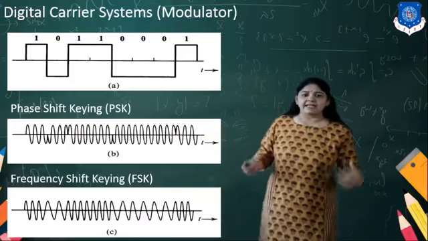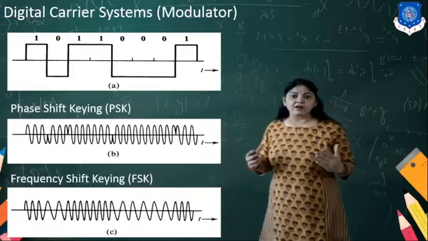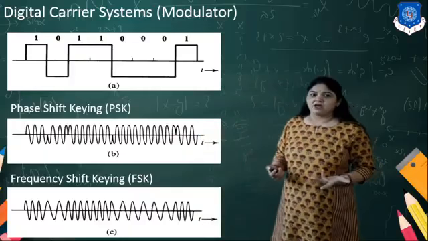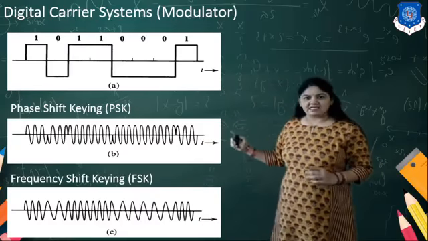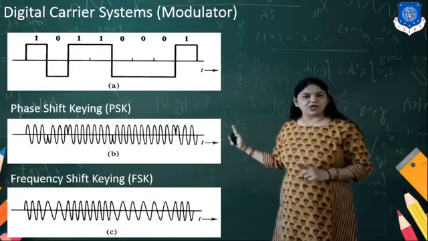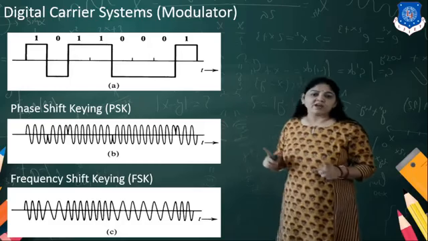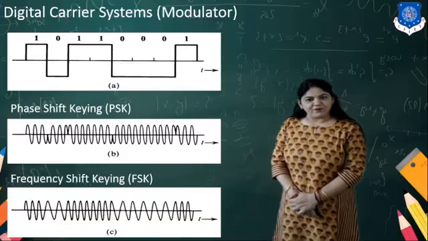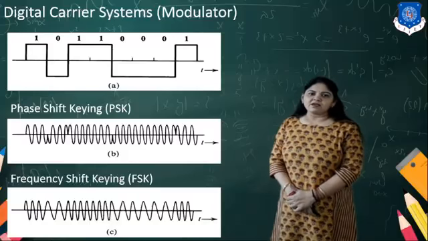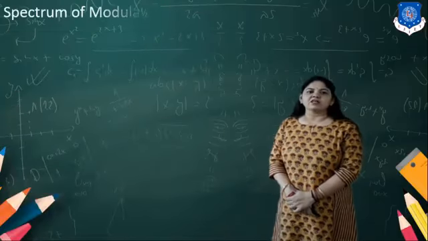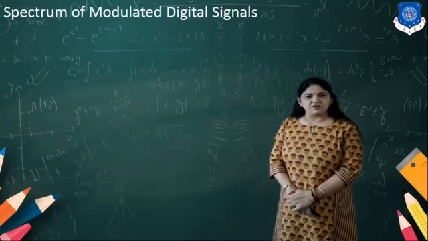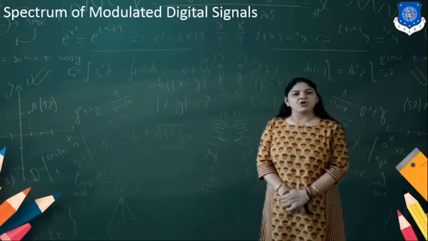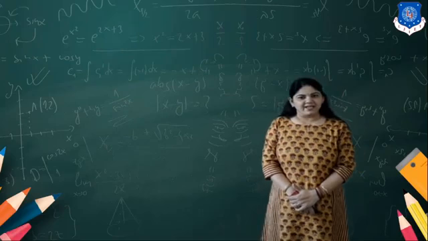This way the data can be differentiated by its frequency. In the case of ASK, it is amplitude, in the case of PSK, phase shift, and in the case of FSK, it is frequency. So this way we have the digital carrier system, and we have the output for it.